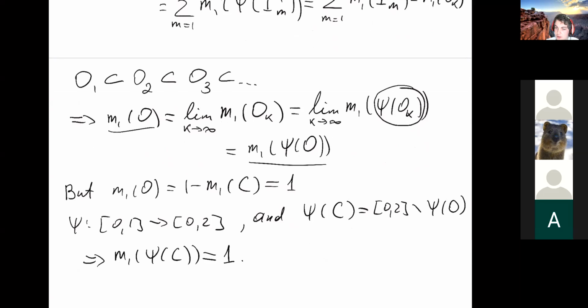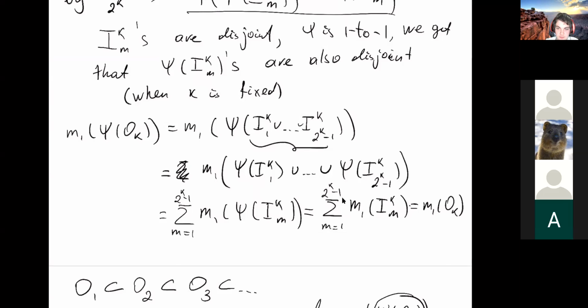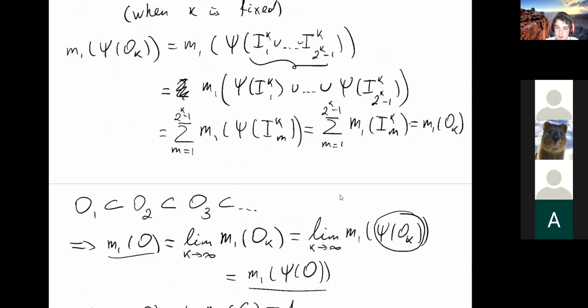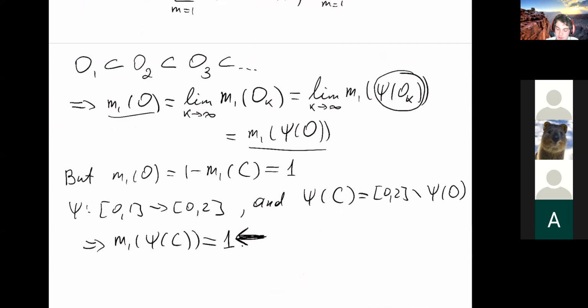So I already don't remember, but someone asked if I am going to prove this. Well, yes, but this kind of follows more or less easily from all this previous work. Okay, so any questions about this proof? So the proof is done.